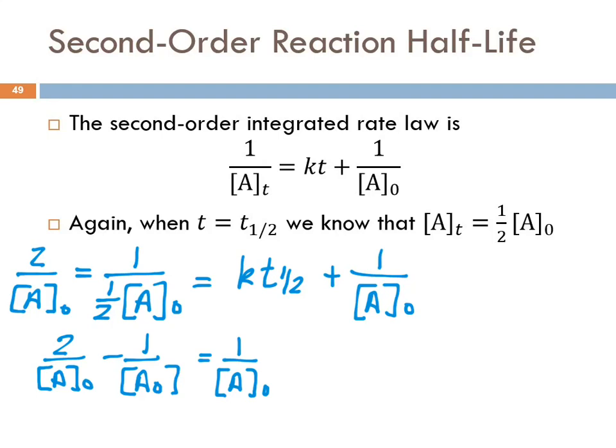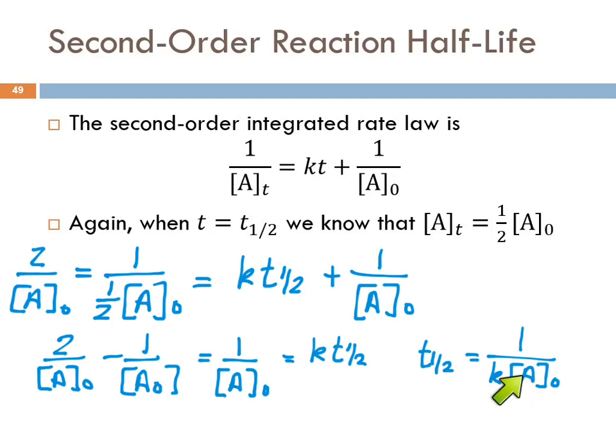And that is equal to K times T1/2. So it follows that T1/2 equals 1 over the rate constant times the initial concentration. For a second order reaction, the half-life depends on the initial concentration.